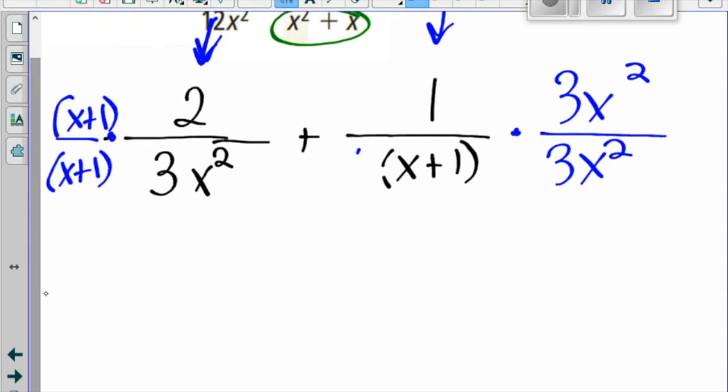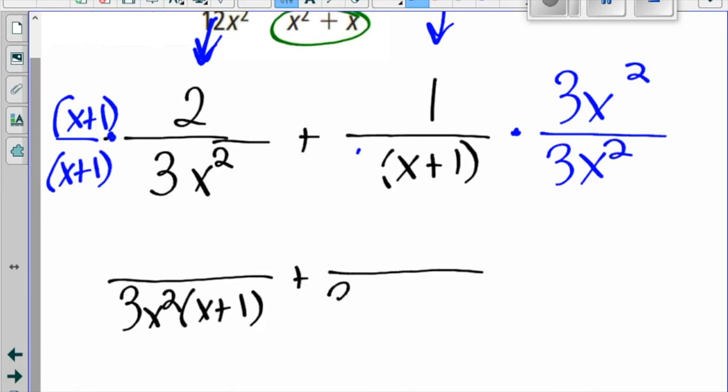Now again, on the denominators, we aren't going to multiply through, so we're just going to have 3x squared times x plus 1. And over here, we're going to have 3x squared times x plus 1. Now here in the numerator, we're going to have to distribute the 2.